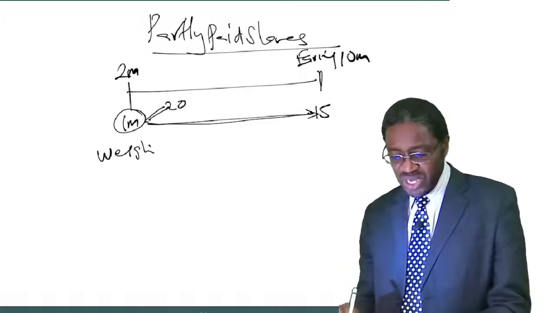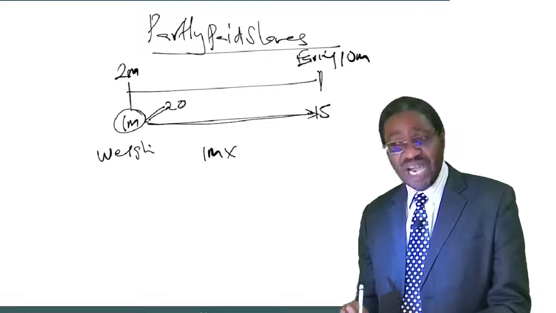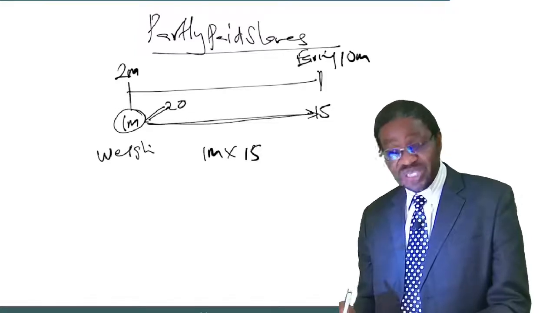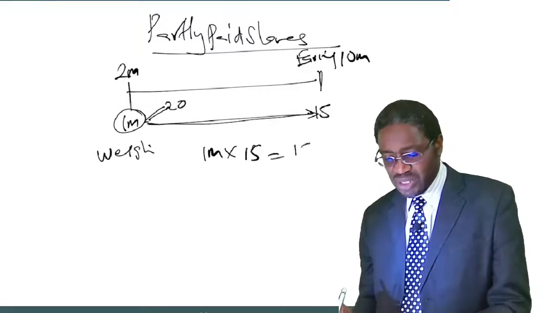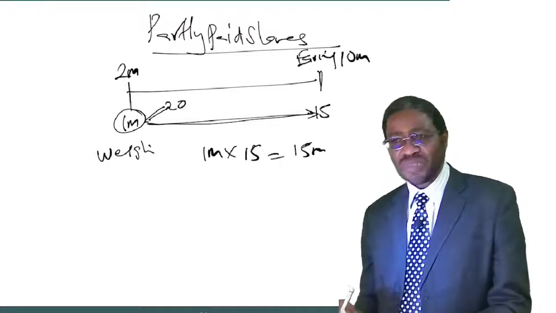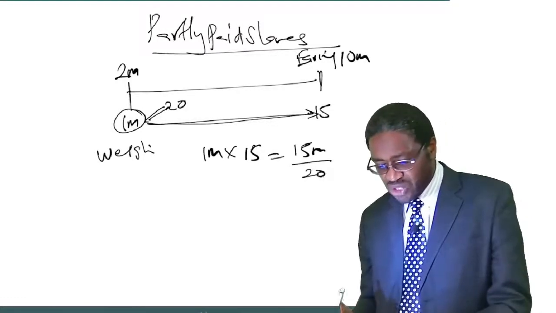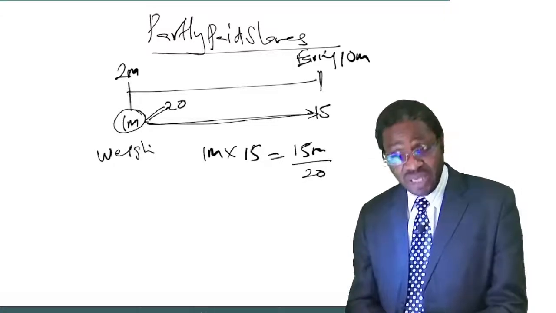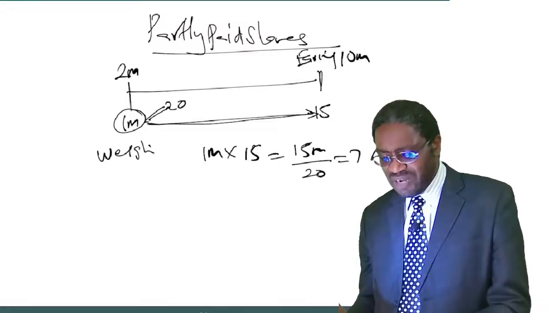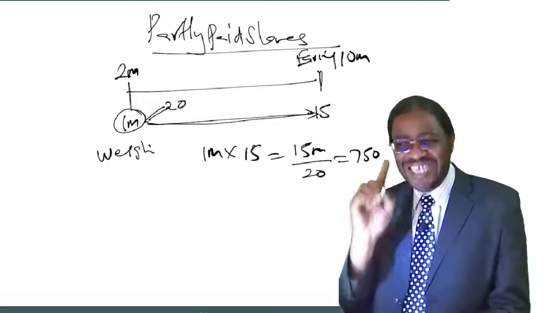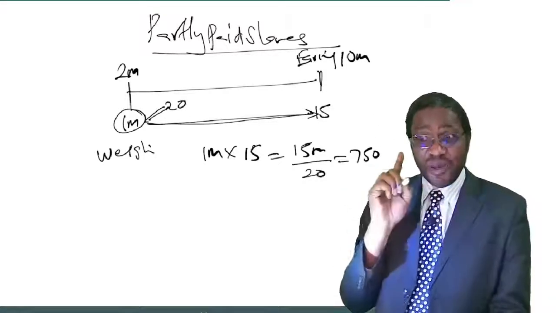How do you get it? You take 1 million times 15, which is what they have paid us so far. That comes to 15 million. Divide that by the market price, which is 20. So out of the 1 million shares, 750,000 shares are deemed to be fully paid.